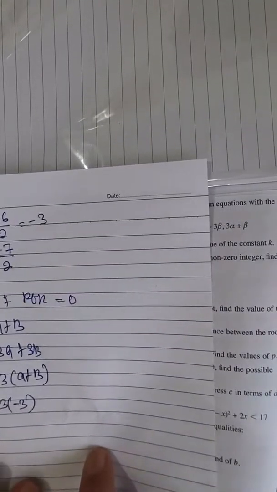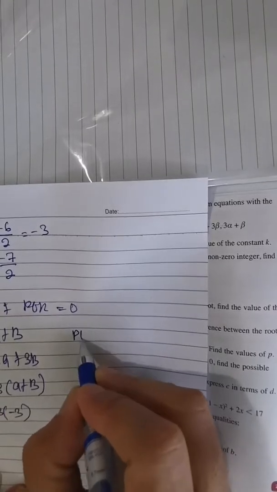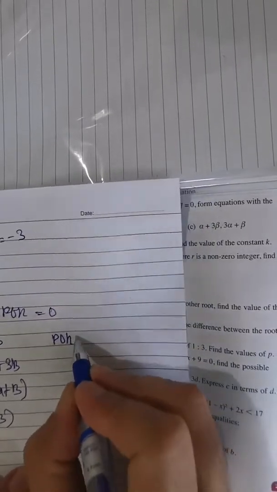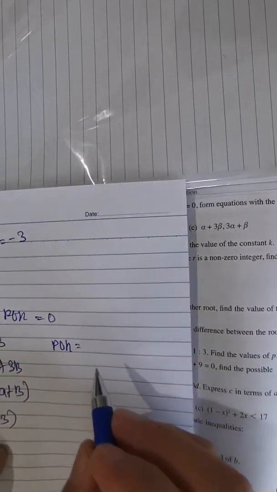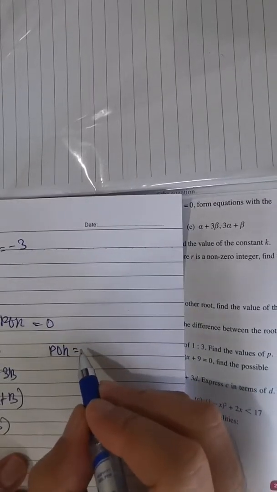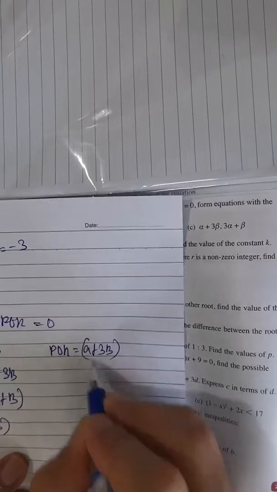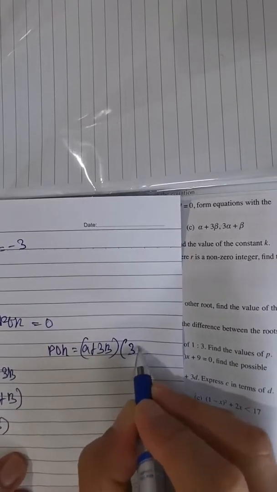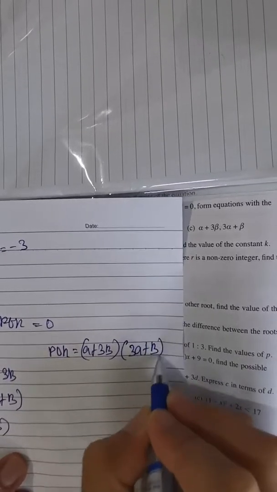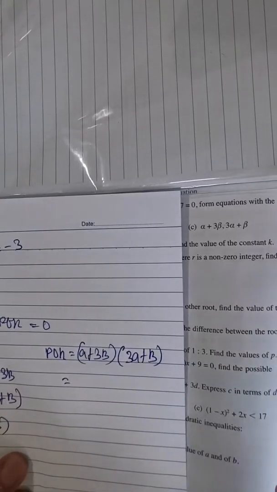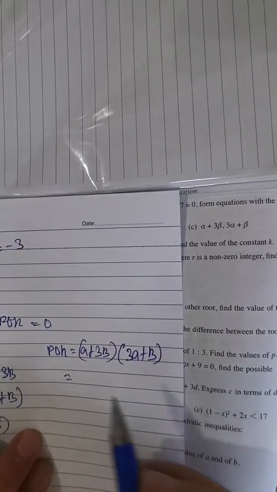How about the product of roots? For the product, we multiply the two roots: alpha plus 3 beta multiplied by 3 alpha plus beta, and we have to expand the brackets.